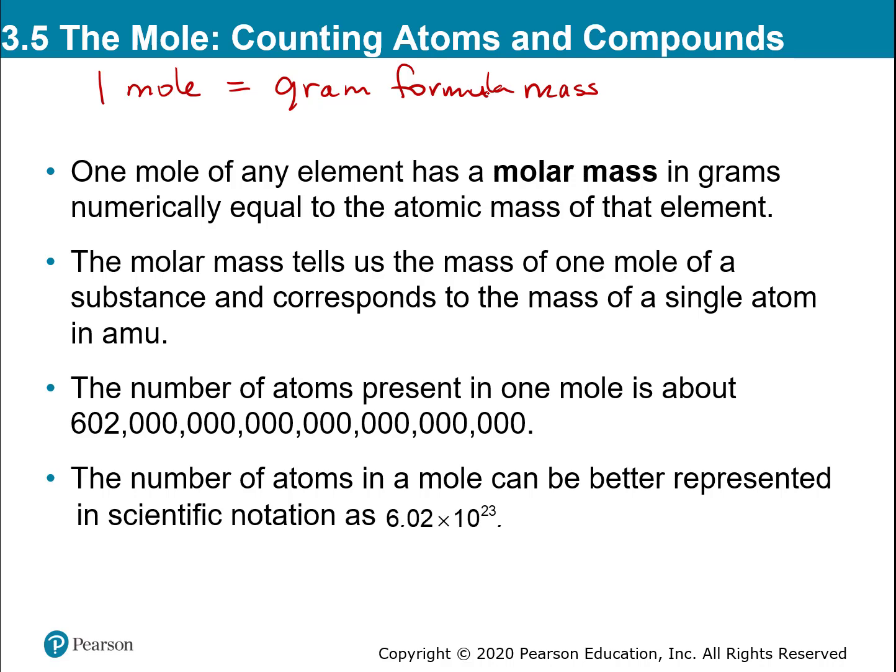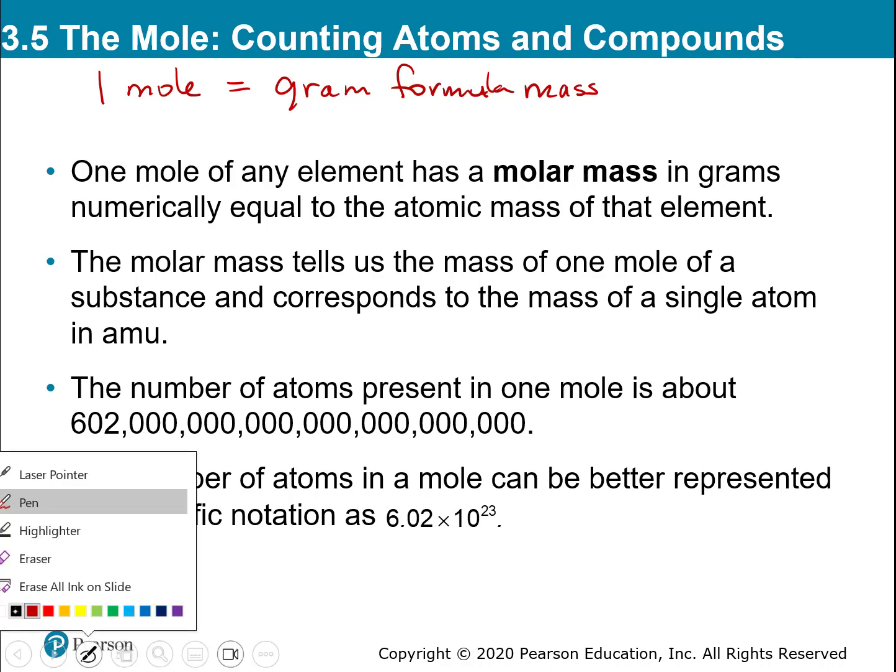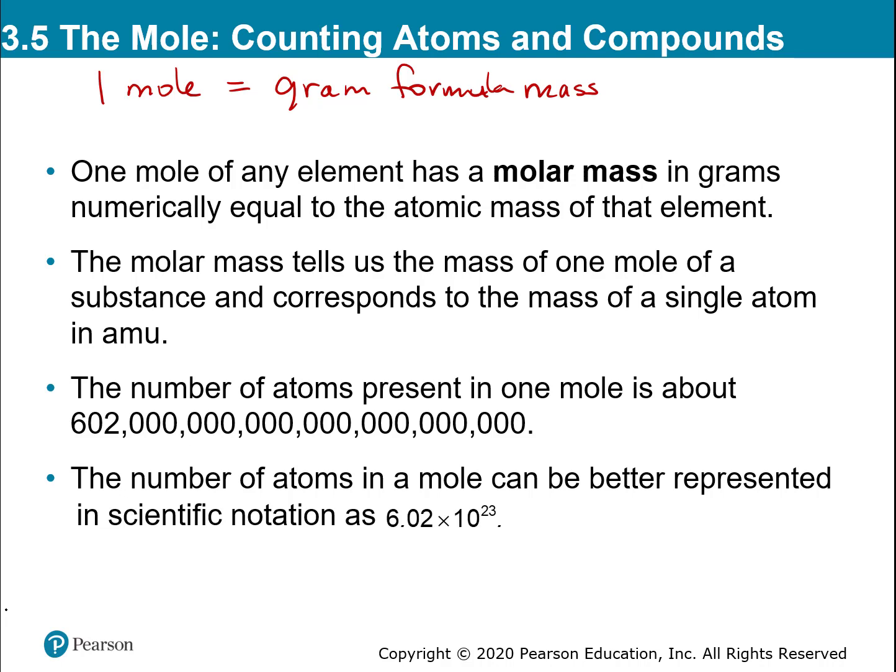But they also wanted to know, okay, well, how many particles is this? And this was something that Avogadro worked on pretty much his entire career, his entire lifetime. He was trying to calculate how many particles would be in 12 grams of carbon, or 1 gram of hydrogen.